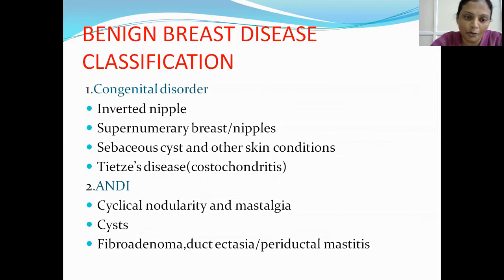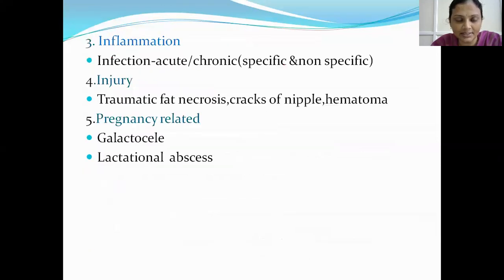ANDI phenomena constitute cyclical nodularity and mastalgia, cysts, fibroadenoma, duct ectasia, or periductal mastitis. Coming to inflammation, it constitutes infection, acute and chronic. Injury: traumatic fat necrosis, cracks of nipple, hematoma. Pregnancy related: galactocele and lactational abscess.